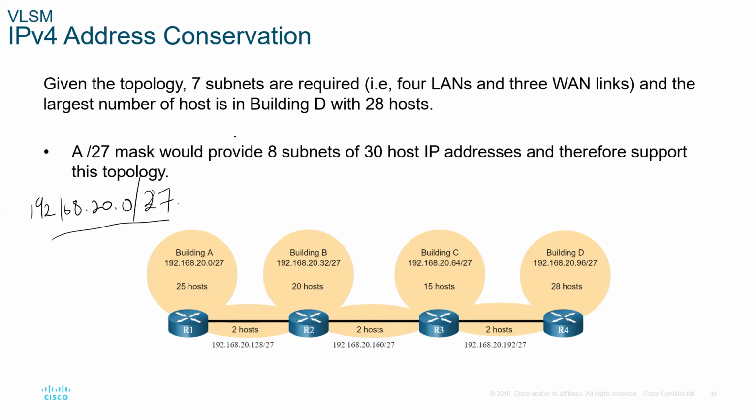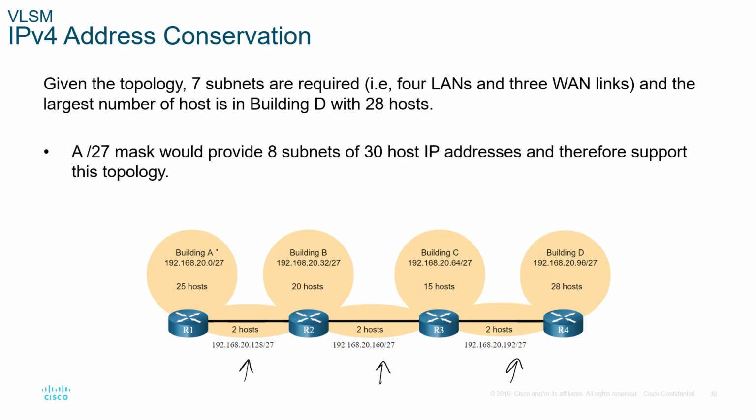In this example, the subnets have been created already. You can see the subnets here: 0, 32, 64, 96. These are 4 subnets created already, plus 3 for the WAN links. Here, 1, 2, 3.